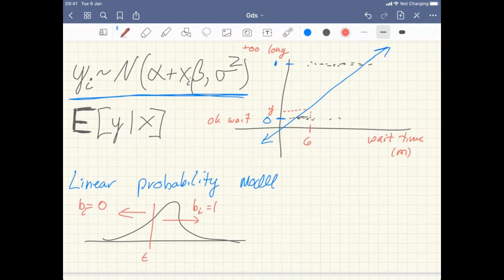This is why we call it the linear probability model. If you run a linear regression where your outcome is binary, the actual thing you're going to end up modeling is the probability that the observation is 0 or 1.